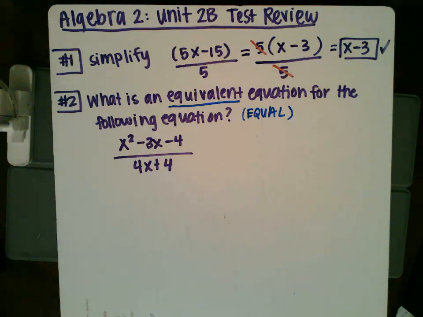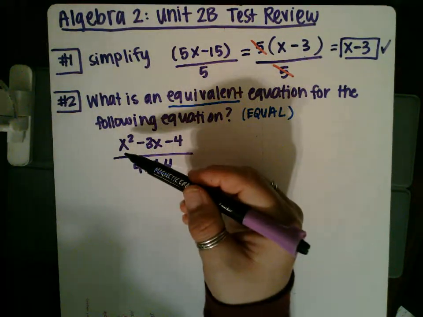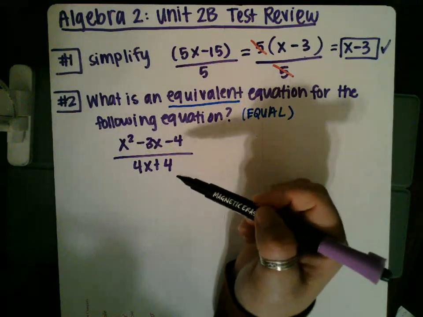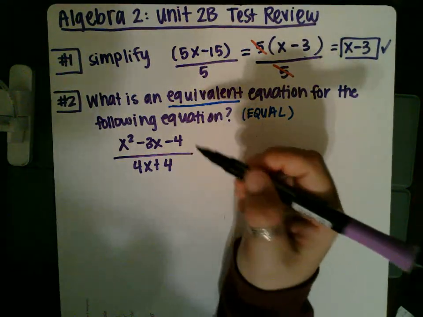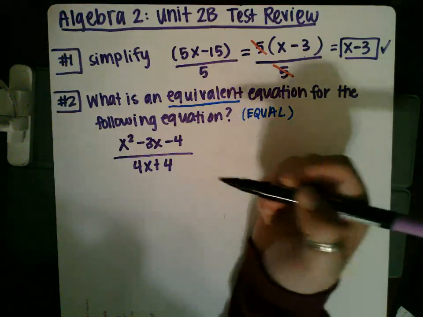And this question is nice coming after the simplify, because to find an equivalent equation, we do some sort of algebraic manipulation to figure out that something's actually equal to another expression. So, for example, looking at this rational expression, x squared minus 3x minus 4 divided by 4x plus 4, what we've been doing with these, the usual situation, is factoring both the numerator and the denominator and seeing what we get.